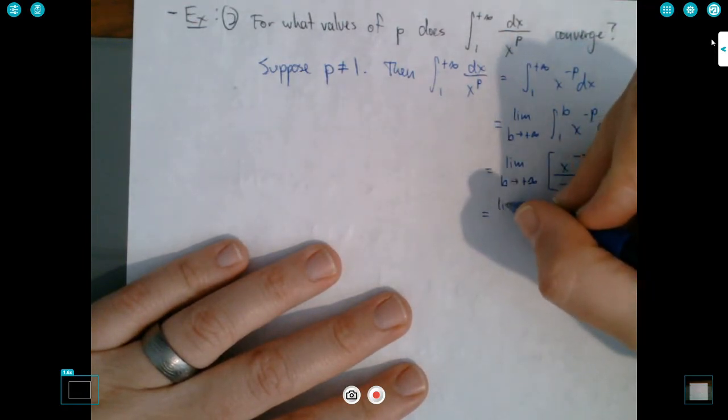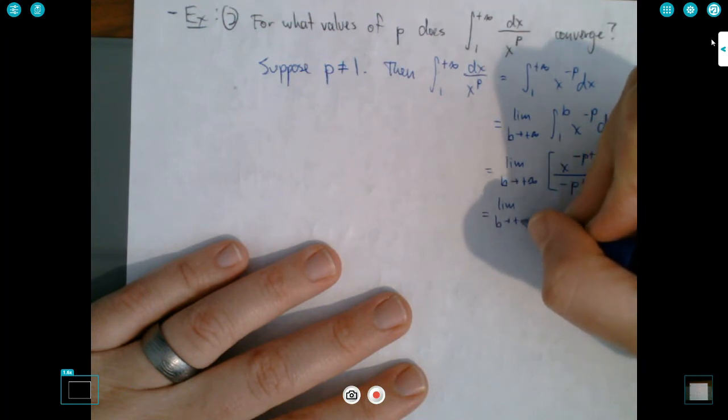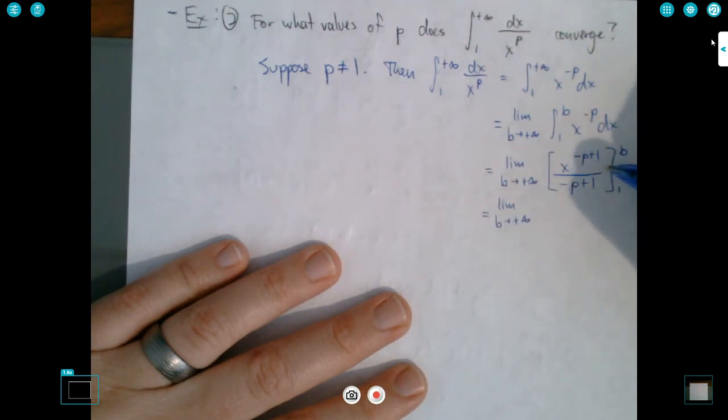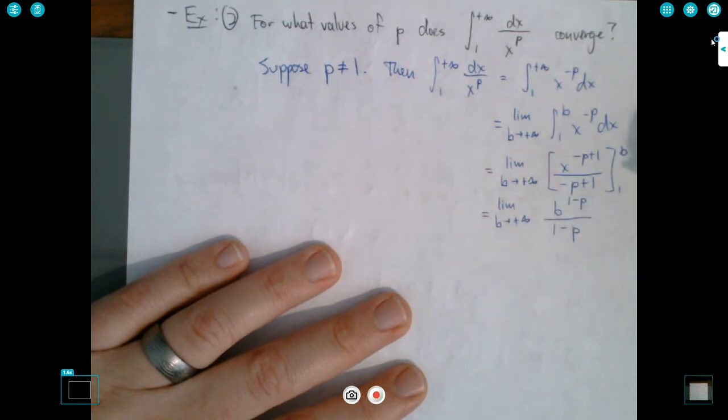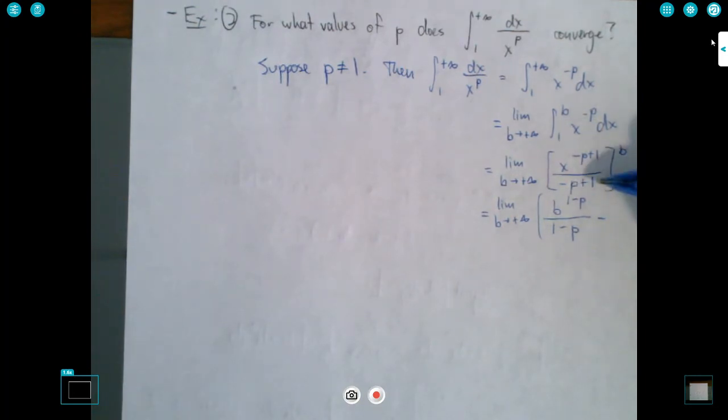Okay, so that's going to be the limit as b goes to positive infinity of b to the 1 minus p over 1 minus p minus, if we plug in 1, 1 to the 1 minus p.